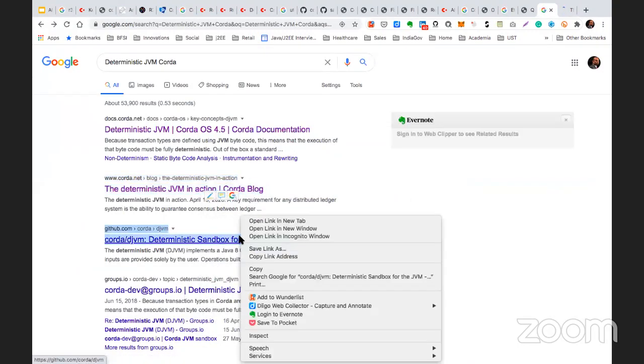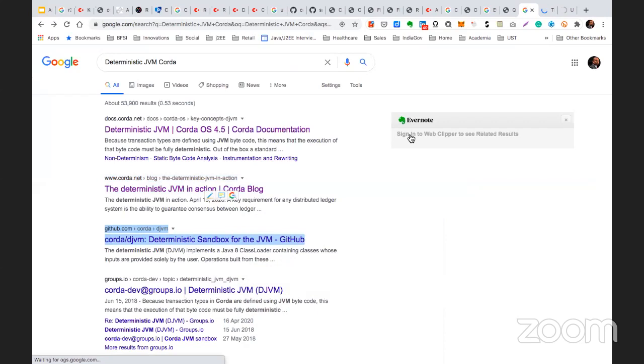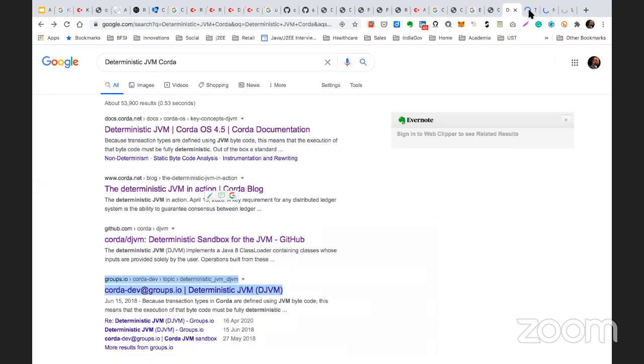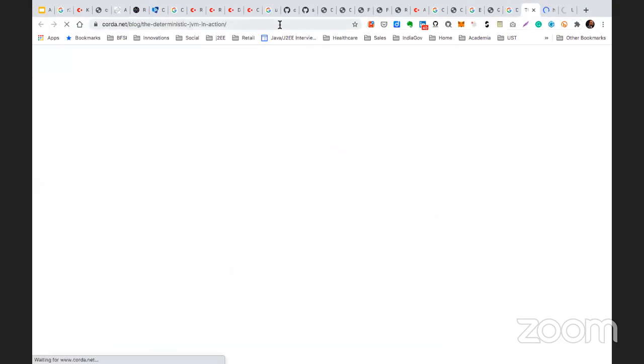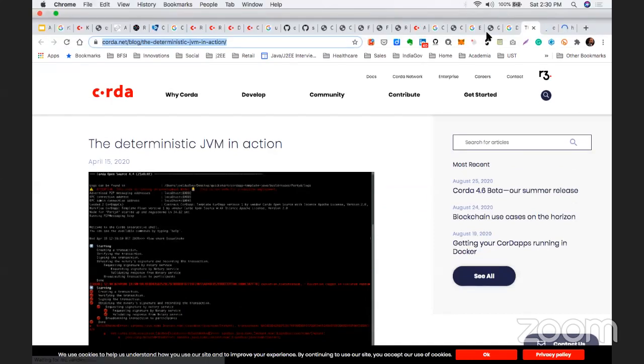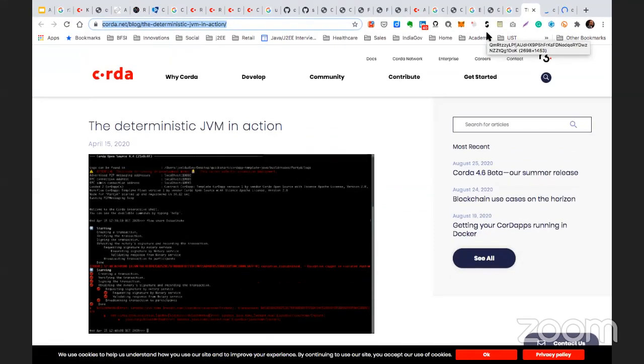You can find the entire source code of Corda's deterministic JVM here. It will be interesting for some of you who are more interested in performance tuning and Corda engineering. Corda DJVM, this is a blog article. That would be a good reference.